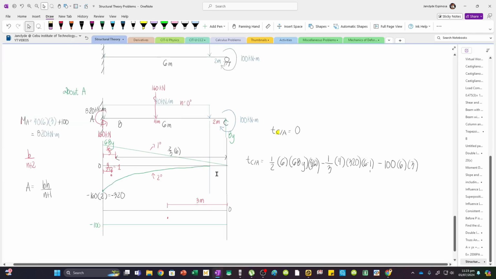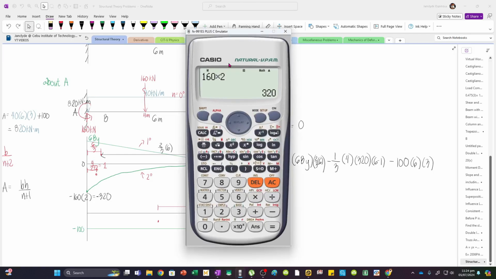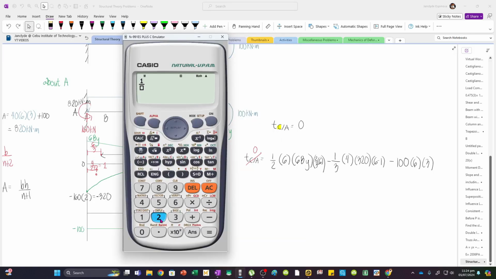So, we can now solve the deviation of C with respect to A. But we know that this must be 0, because there is no deflection here at C because of the prop support. So now we can solve BY. I have 1/2 multiplied by 6 times 6BY times 2/3 of 6, and then minus 1/3 times 4 times 320 times 5, minus 100 times 6 times 3.